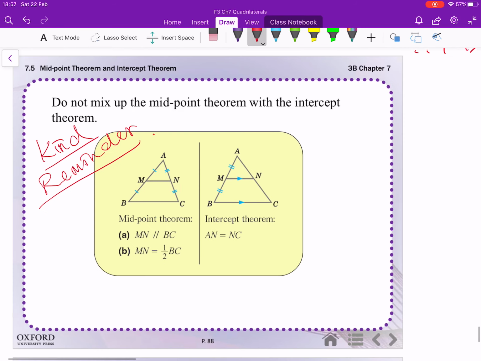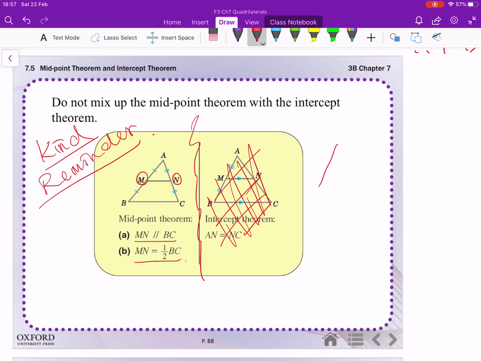For the midpoint theorem, we should start from two midpoints. If you have a triangle with two midpoints, then you may apply the midpoint theorem. And the result is we have parallel lines and also something about the length. For the Intercept theorem, if we consider the stronger version, we also start from a triangle, but this time not from two midpoints.